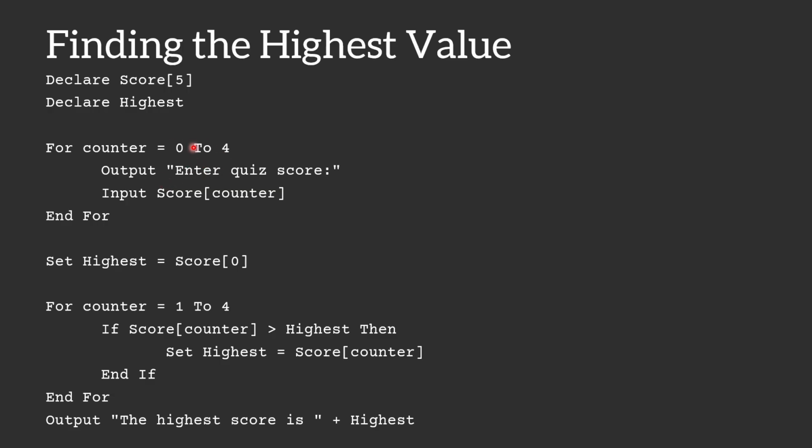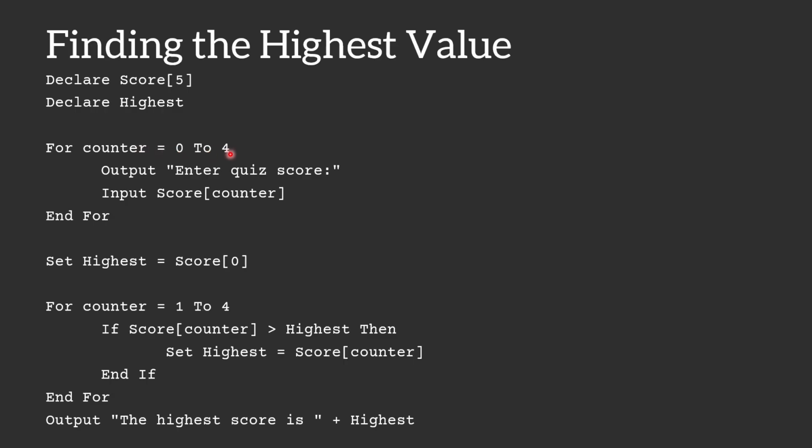We've seen this loop statement before on previous slides. This loop is going to run 5 times, once for each element in the array. So this is what's going to happen each time the loop runs. The counter is going to go from 0 to 4.